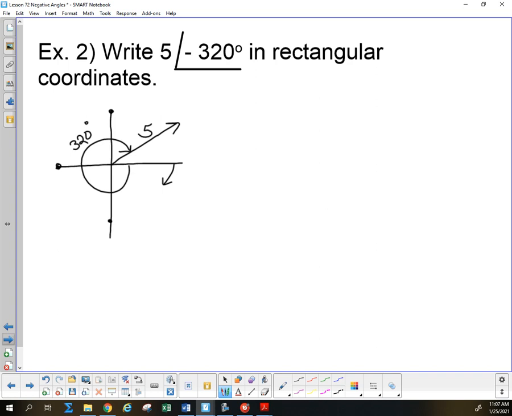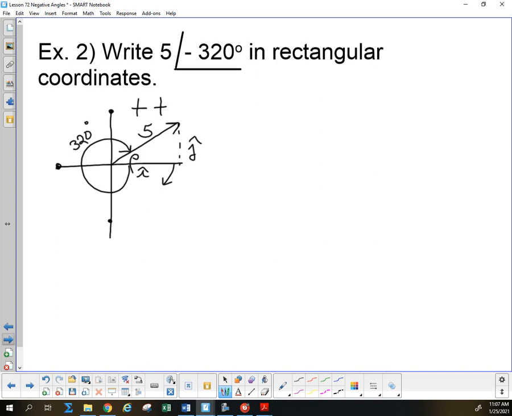Since I know I have ended up in the first quadrant, I know I am ending up positive, positive for my i hat and my j hat. It is not okay in this course to punch negative 320 in on the calculator for the degrees, so we need to figure out, if we draw a regular right triangle with the i hat and j hat that we're looking for, how big is the angle in the triangle?